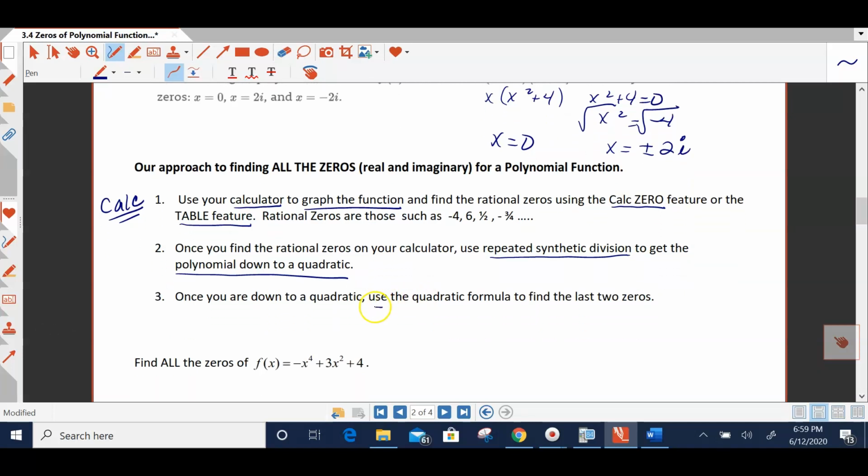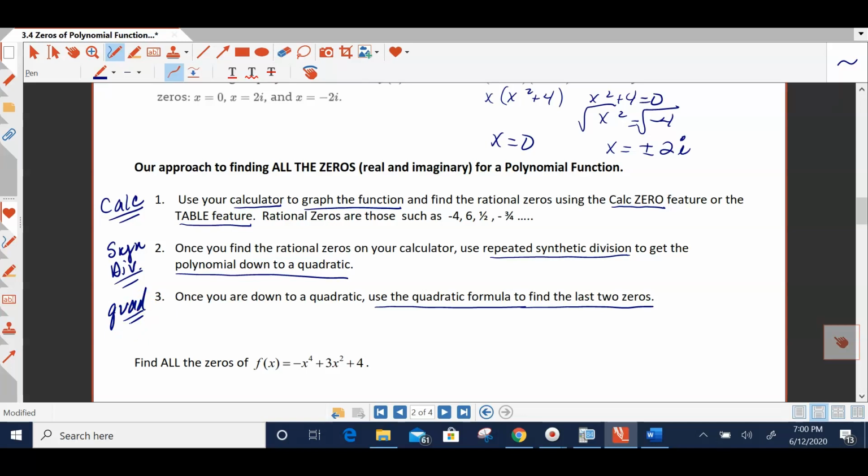You can always use the quadratic formula to find the last two zeros. So we'll do our calculator, we'll then use synthetic division, and then we are going to finish up with the quadratic.